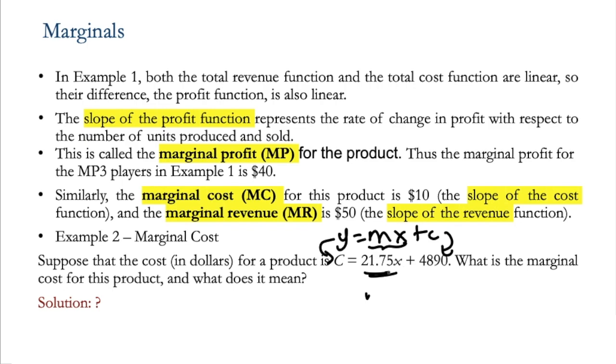Since x is x, m is 21.75. Because this is the total cost function, this is the marginal cost. If we increase and sell one additional unit of product, in this case x increases by 1 unit, then our additional cost, also known as marginal cost, will increase by $21.75. That's how we read it.